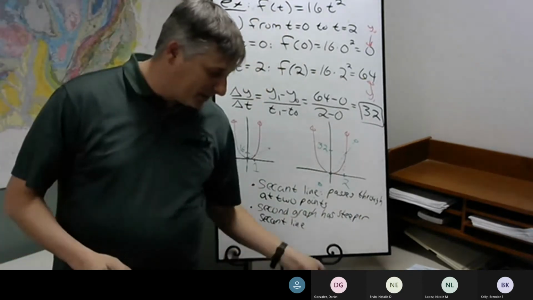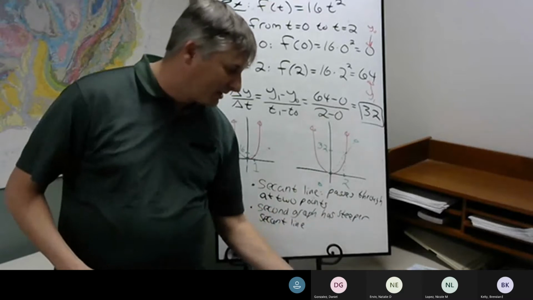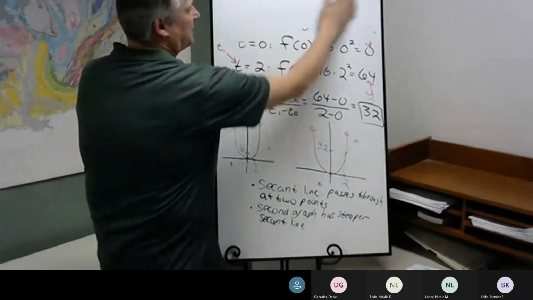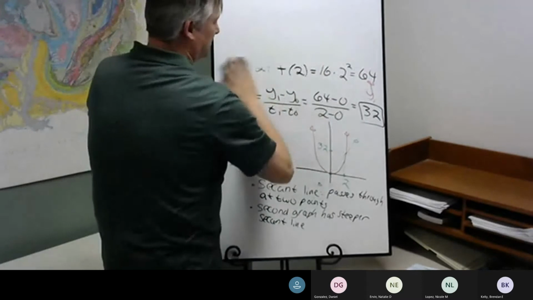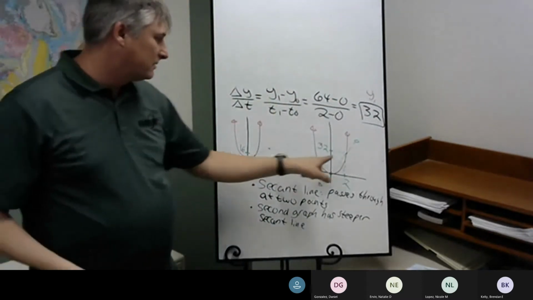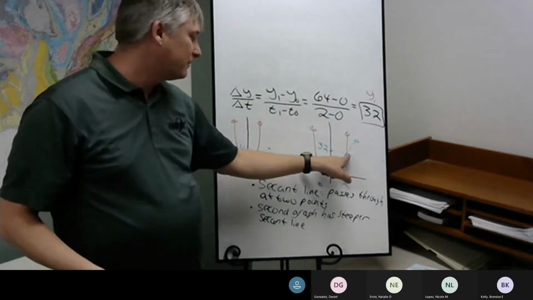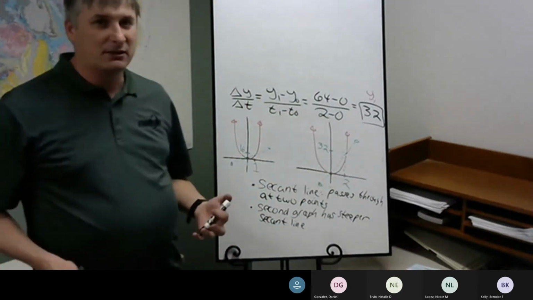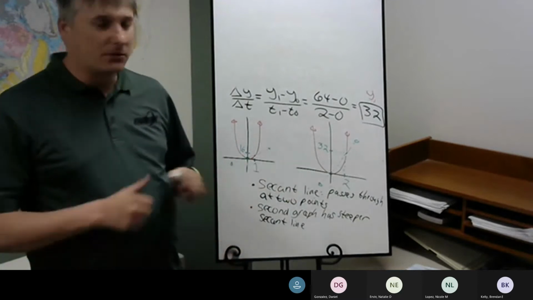So the point is this. As we change the second point, instead of being t equals 1, make it t equals 2, we get a different point on the graph. We get a different secant line, and the slope of that secant line is going to be different.